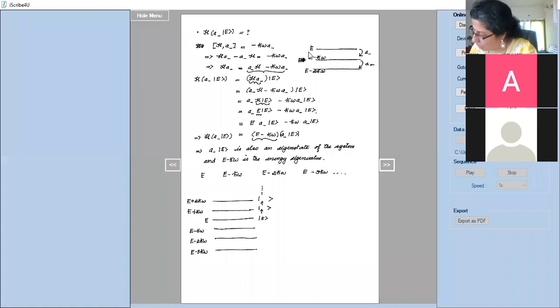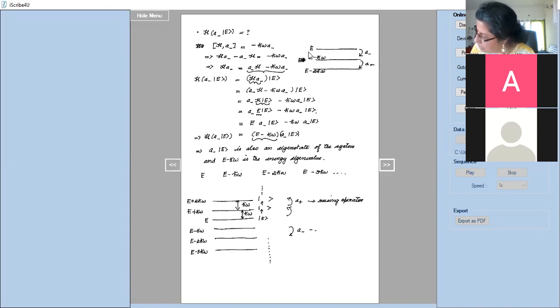Now what I want to ask you is, can we keep going down like this all the time? What is the step size here, please? It's H cross omega, correct? Every time it is H cross omega. A plus makes you go up, so A plus is a raising operator. What does A minus do? A minus makes you come down.